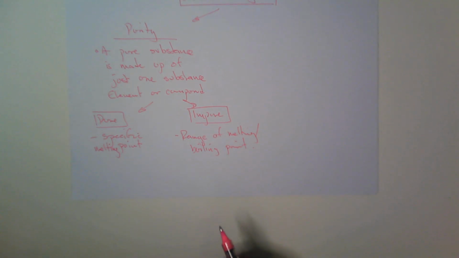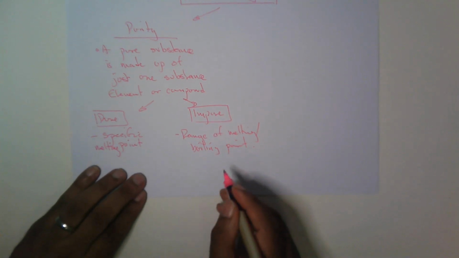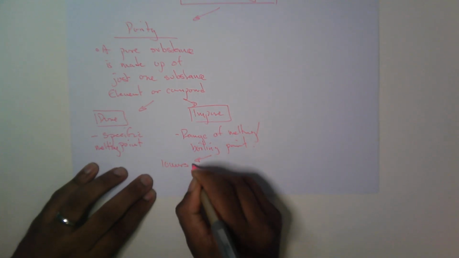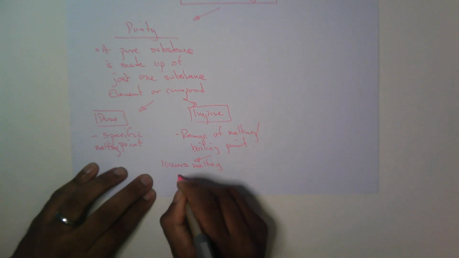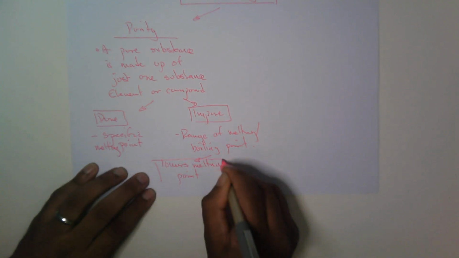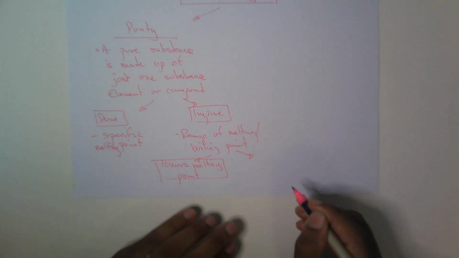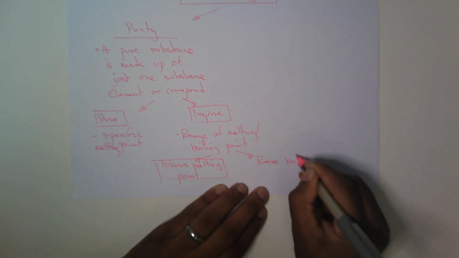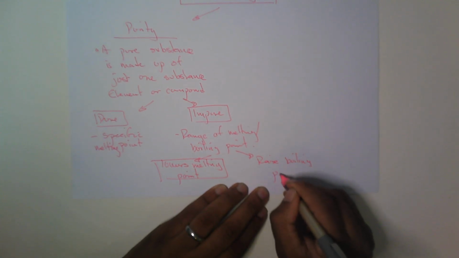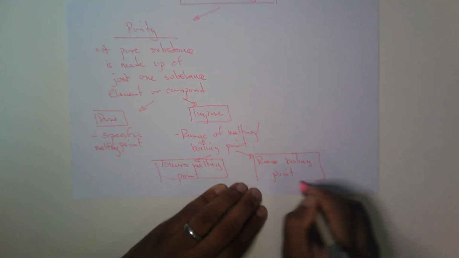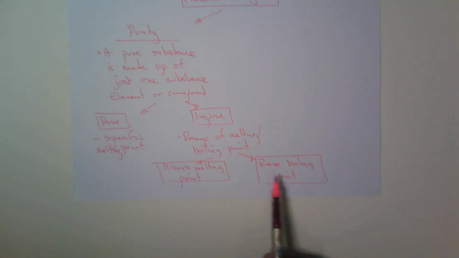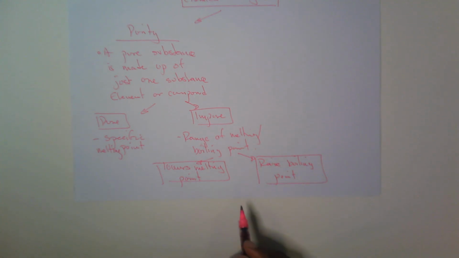One of the things that happens with impurity is if you've got an impure substance, it usually lowers melting point, but it will raise boiling point. So there might be a question on that, which is a bit on the top end of grades. So that's the main difference in what happens to melting and boiling point in an impure substance.